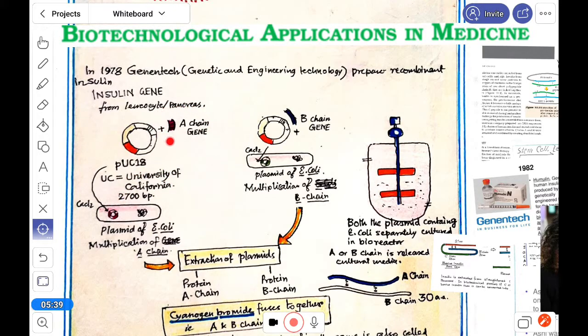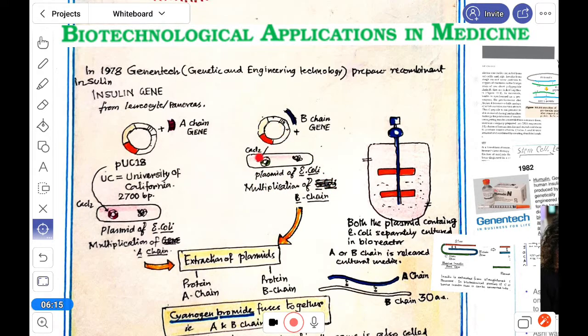Here the A chain gene, as you have just seen the A and B chains, is inserted in this, and this gene is collected from the human being, not from the cow or anything else. And the B chain is produced in another plasmid, another pUC18.